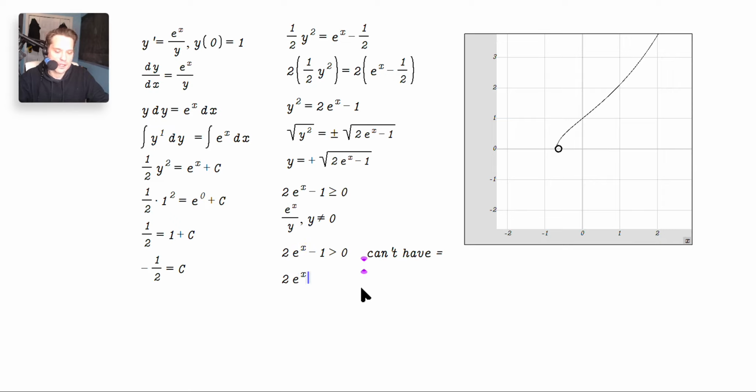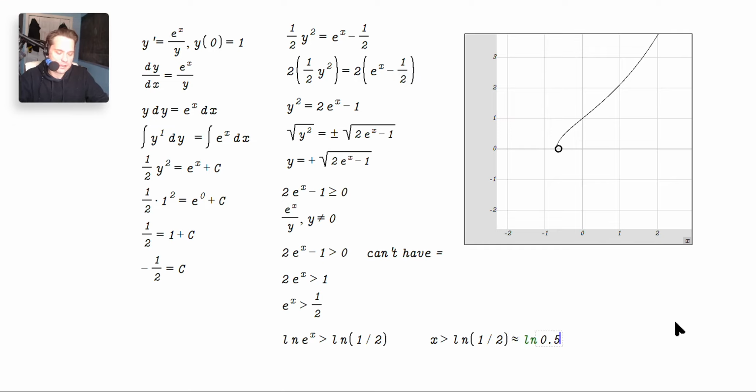2e to the x is greater than 1, add 1, and then e to the x is greater than 1/2. Then you take the natural log of both sides, so ln of e to the x is greater than ln of 1/2. Then you solve this: e to the x, when you take the ln, is just x, and this is greater than ln of 1/2. Now, if you know anything about the behavior of the ln function, hopefully you know this is a negative value.